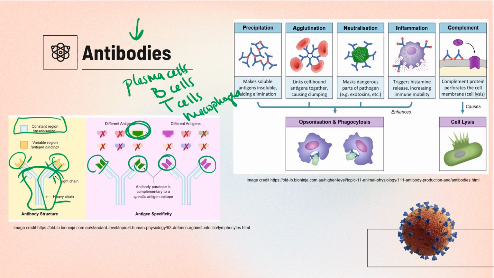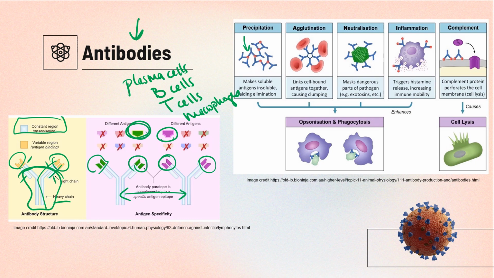This chunk of these antibodies is only going to bind to this specific antigen. Again, the rest of it is the same from one antibody to the next. But that specificity allows us to attack antigens and the pathogens that they belong to with a great amount of specificity. What do these antibodies even do?